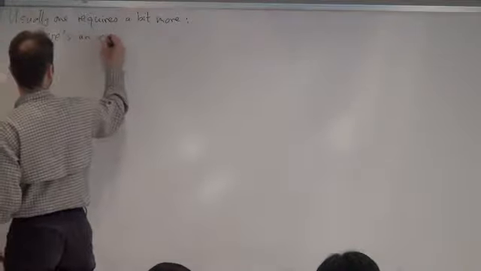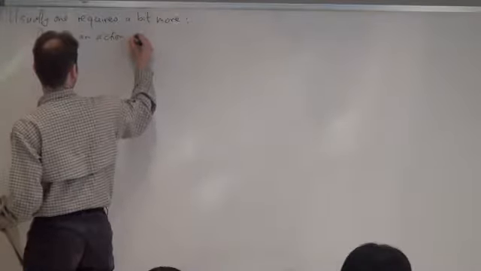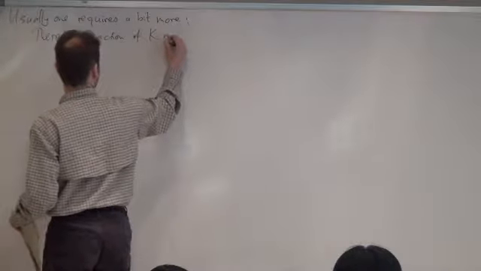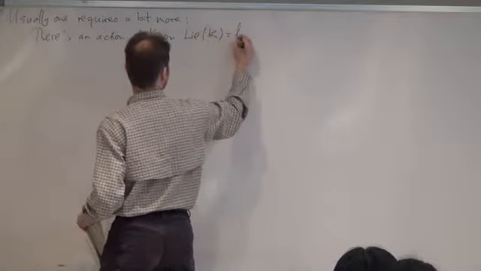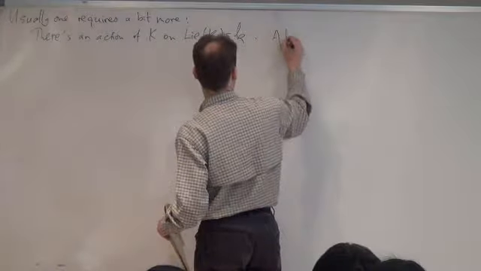Let's see. There is an action of K on its Lie algebra. Right, this is the adjoint representation.